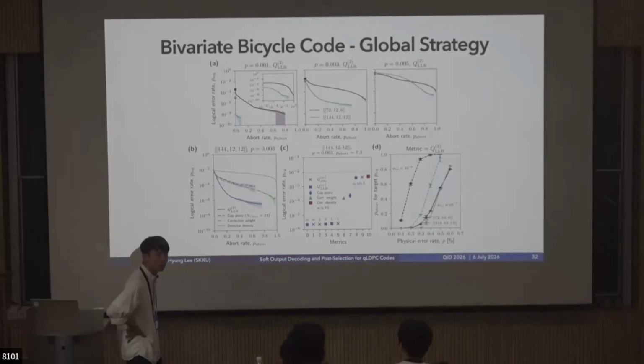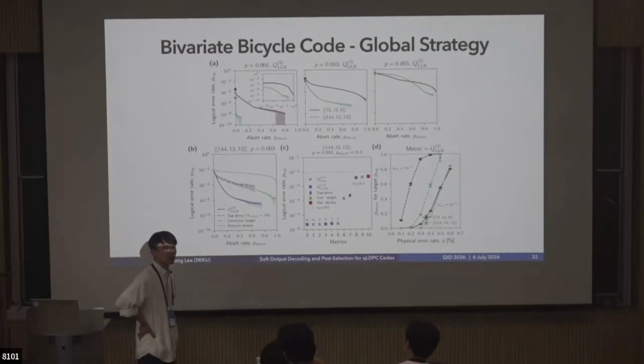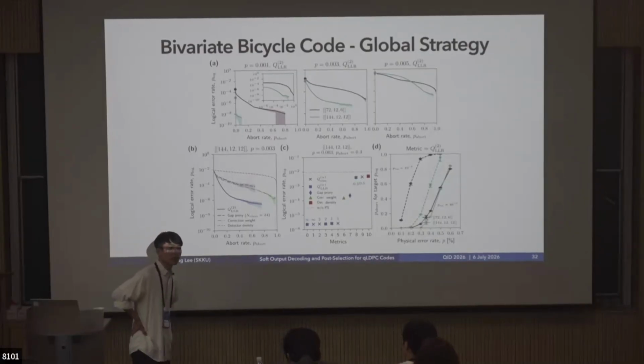There may be a very small fraction of modes that always fail, and you remove it, and the error rate drops significantly. So if you improve the decoder, you might just reach 10 to the minus 8.